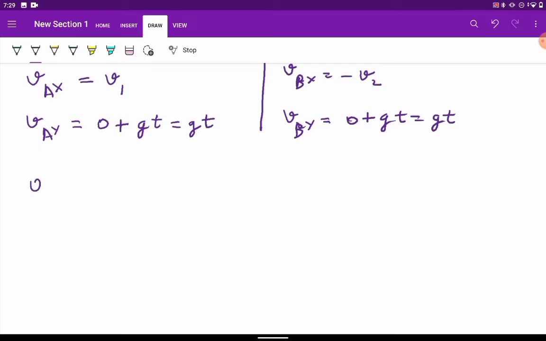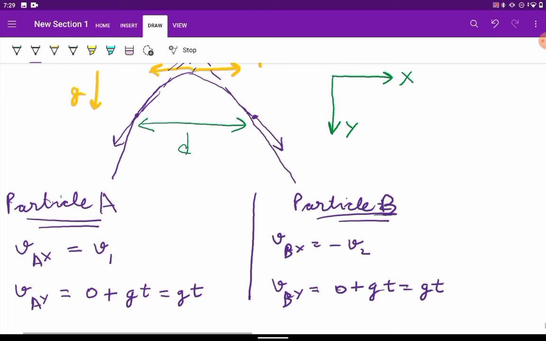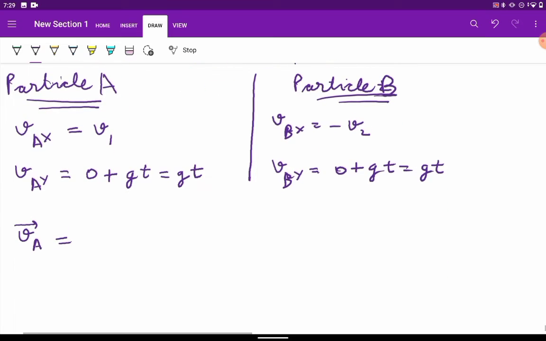So I'll write the vA vector. In general we represent it in terms of i cap, j cap. The x-axis direction is represented by i cap and the y-axis is represented by j cap.